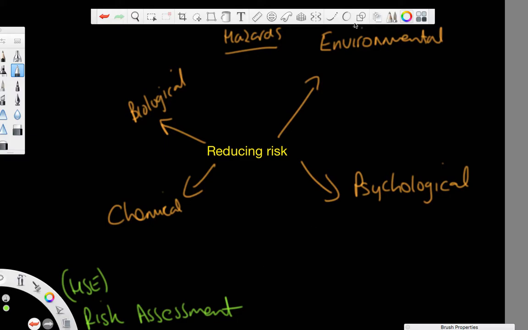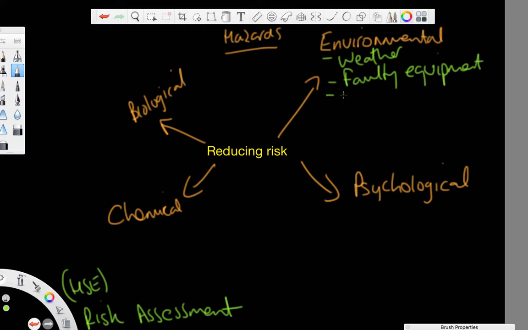Okay, so if I was to say to you an environmental hazard, you might think of natural hazards or weather. So we're looking at a weather-related one, icy pitch. You're looking at faulty equipment as another one. I once did a vaulting lesson, and didn't secure the vault, and it was a hazard.